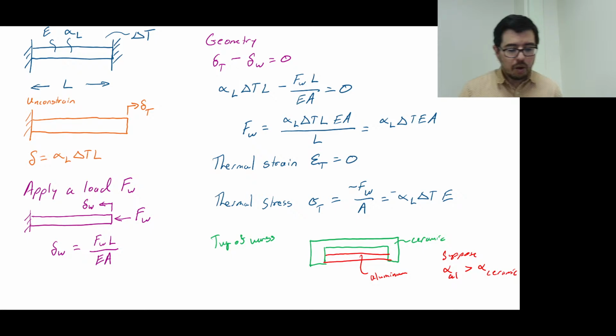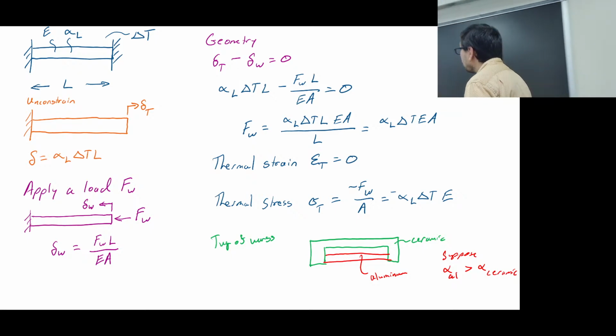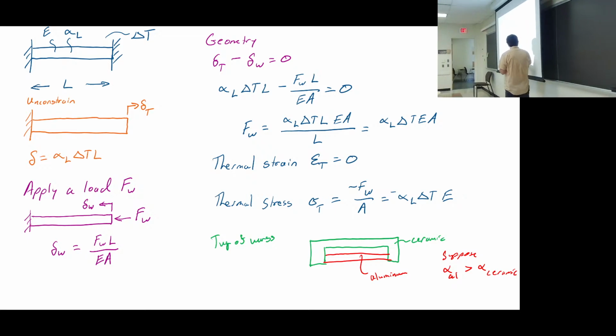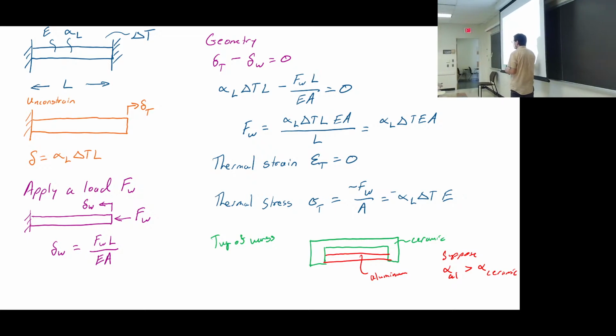Okay? Well, if that's the case, then this thing is going to be expanding more than this is expanding. And so that's going to put this in compression and this in tension. Okay, you see that? So these are where these kind of mind games start to happen.